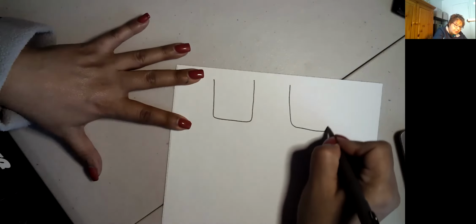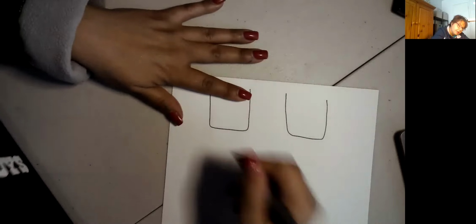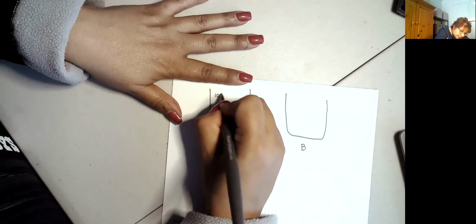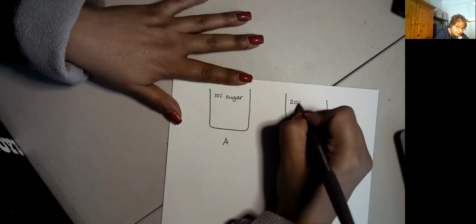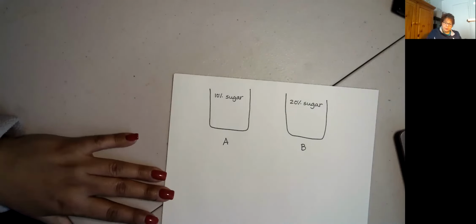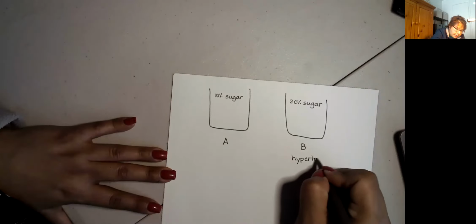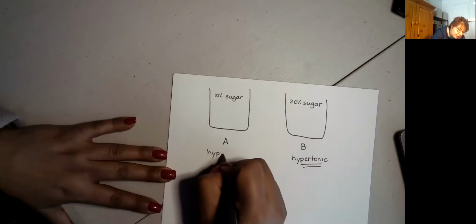When you're using words to compare, say here's a solution A, here's a solution B. If this is 10% sugar, and this is 20% sugar, then we say that B is considered hypertonic and A is considered hypotonic.